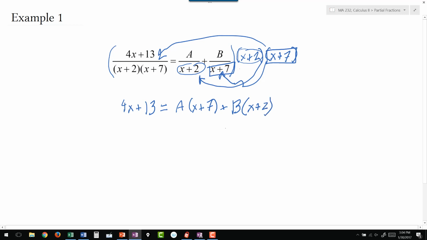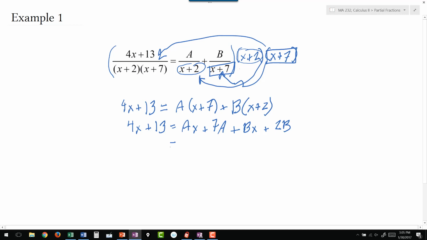I'm going to distribute the A and the B on the right-hand side and collect my like terms. Nothing happens on the left. But on the right, I get Ax + 7A + Bx + 2B.